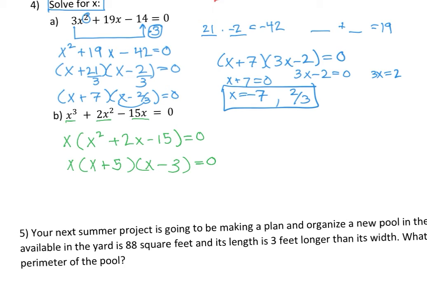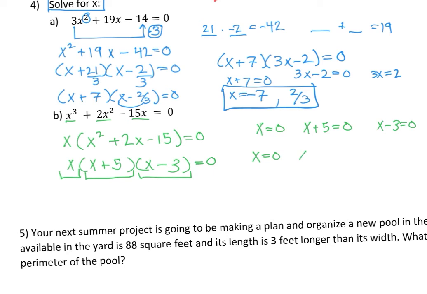Okay, so what we have here is each one of these factors must be equal to 0. So we have our first factor, which is x equals 0. Then we have 5x plus 5 equals 0. And x minus 3 equals 0. So let's go solve each one of these. We don't really need to solve x equals 0.